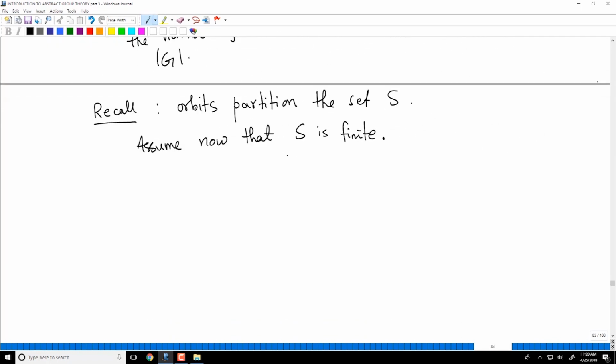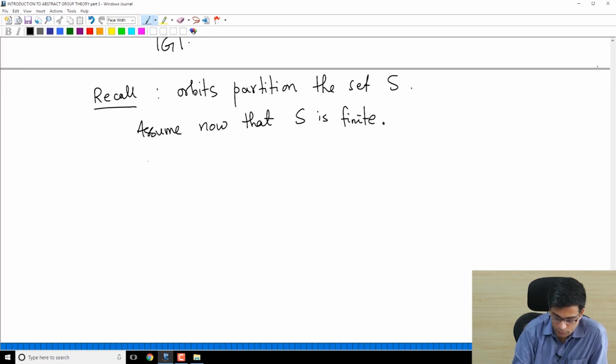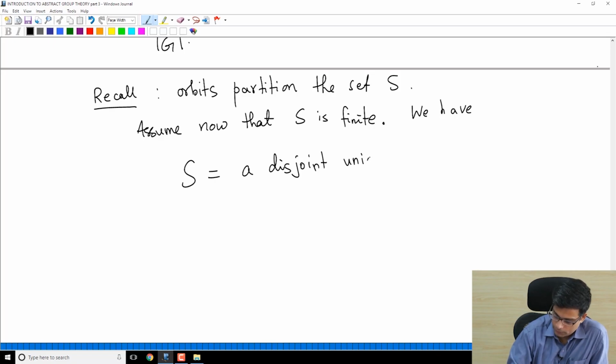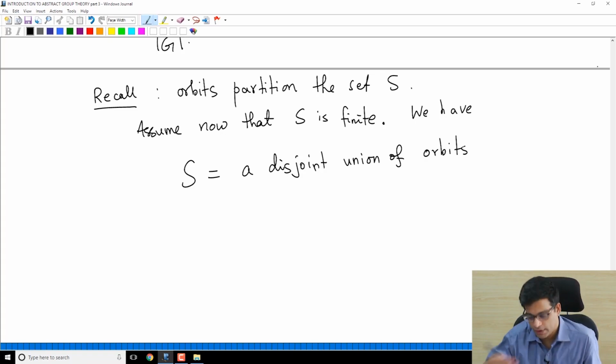But now I am going to assume that the set is also finite. Then S must be a disjoint union of orbits, right? Because orbits are equivalence classes under the equivalence relation that I defined at the beginning of this video.